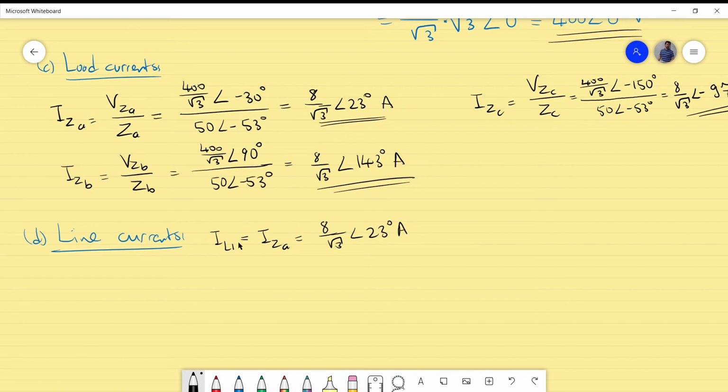And I have also the other one, which is IL2, which is IZ of B, again 8 divided by square root of 3 and phase of 143 degrees.